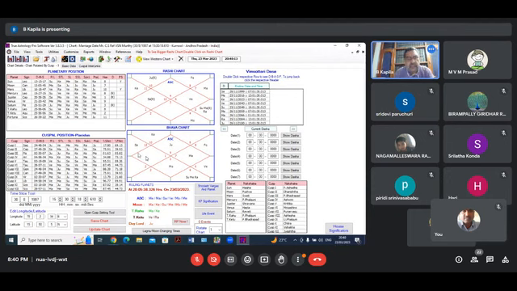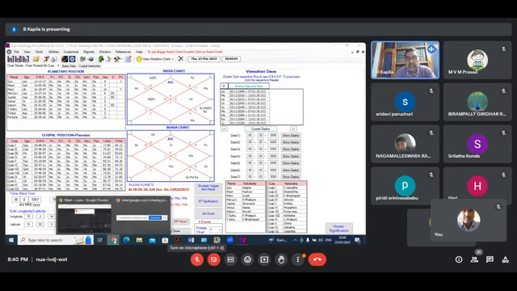So for the event of marriage, the ascendant, the seventh cusp, the 11th cusp, and their sublords are very important. That is one point. In addition to this, if somebody puts a question regarding love marriage, then the fifth sublord is also very important.